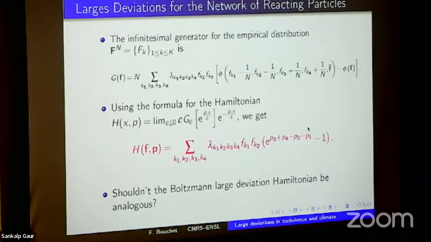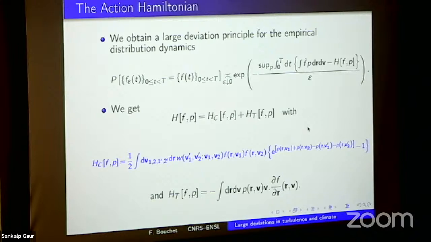And if I do that, I made the same exercise as before, and I will get a Hamiltonian where I have this exponential factor with minus in front of the particles that leave and plus in front of the particles that arrive, and with a rate which is just the rate of a collision. So I do that.